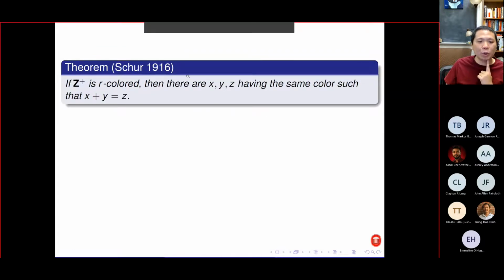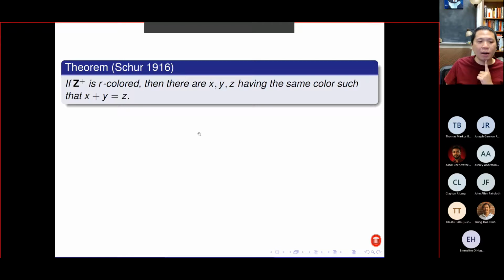And the next one is due to Schur. So it's the same Schur as in linear algebra and representation theory. Schur worked in many different areas of mathematics, including number theory and combinatorics. So Schur's theorem says the following.